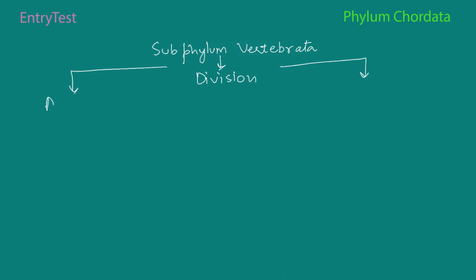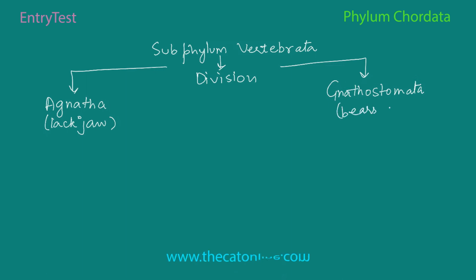The first one is Agnatha, which do not have jaws, and the second one is Gnathostomata, that have jaws. So we can say it bears a jaw.